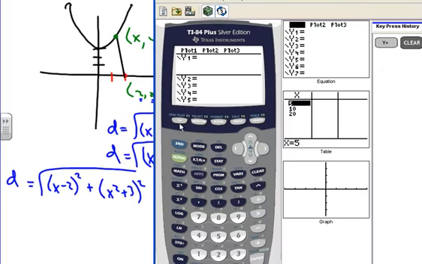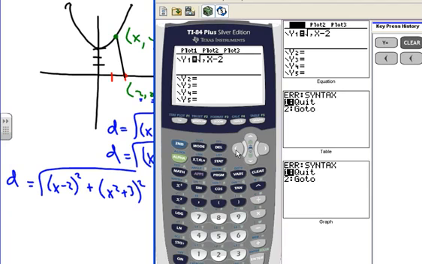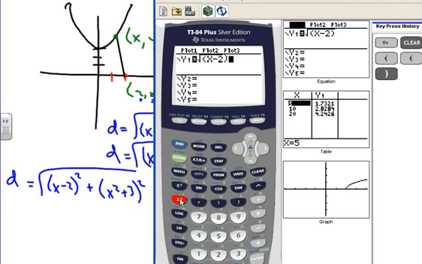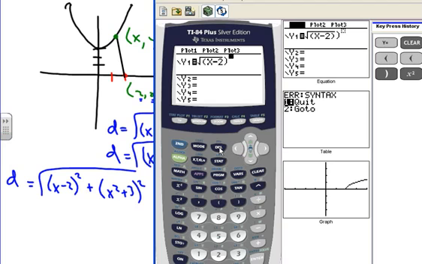So y1 equals, we're going to take the square root, and we'll put in here x minus 2, and we're going to square it. Love technology, don't you?